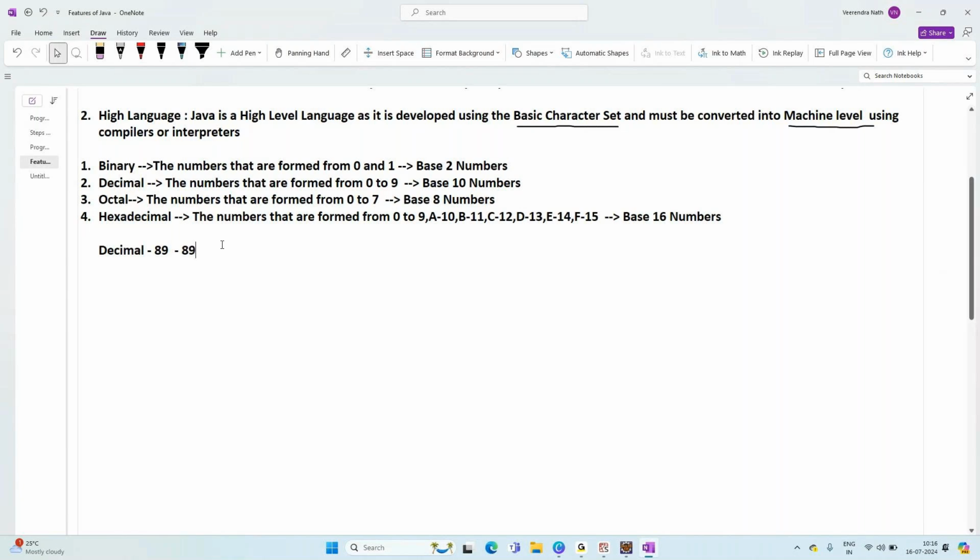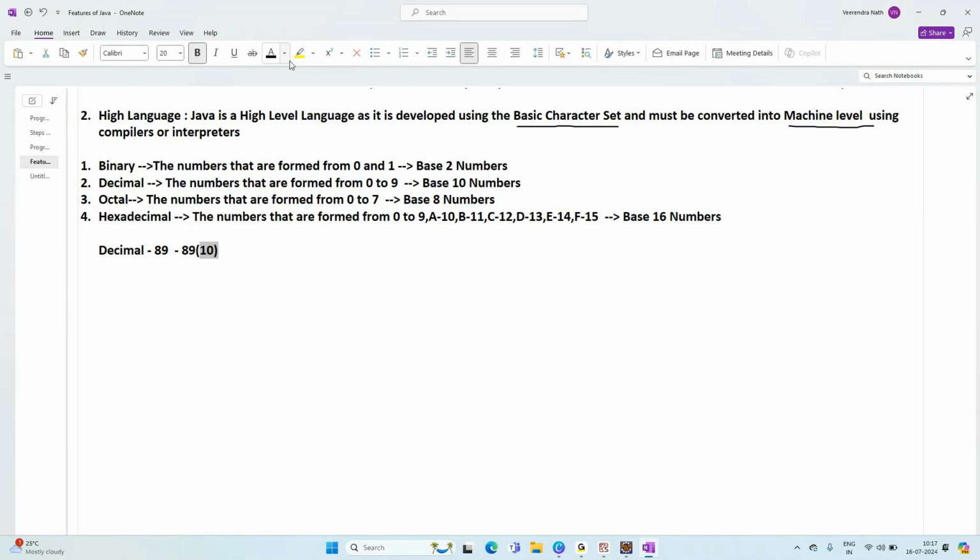We call it 89 to the base 10. This is what we generally know in mathematics, that it is a base 10 number.